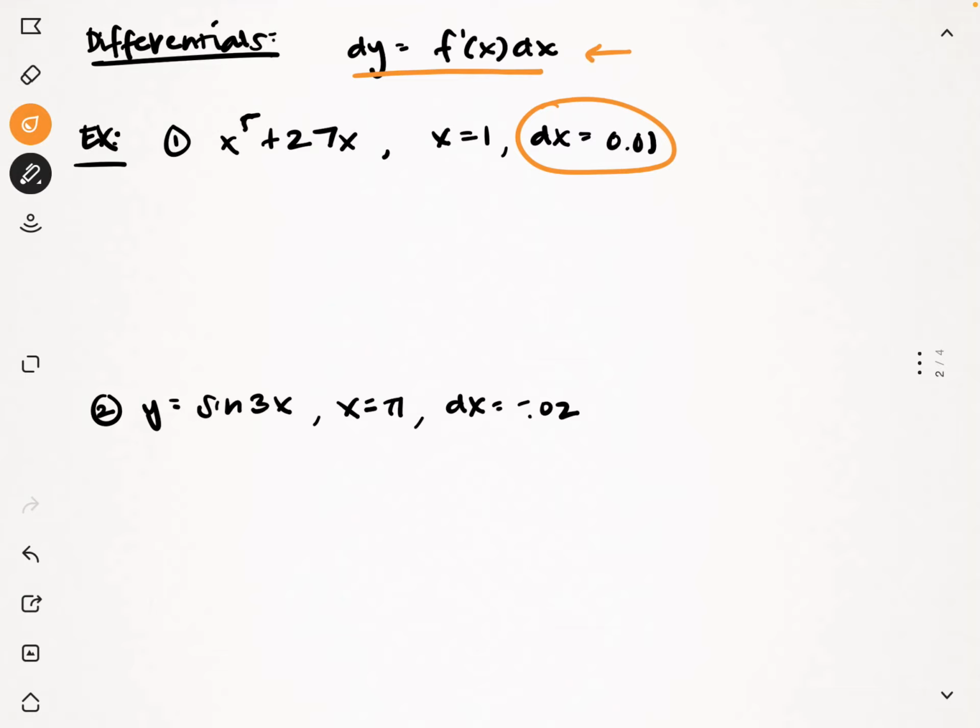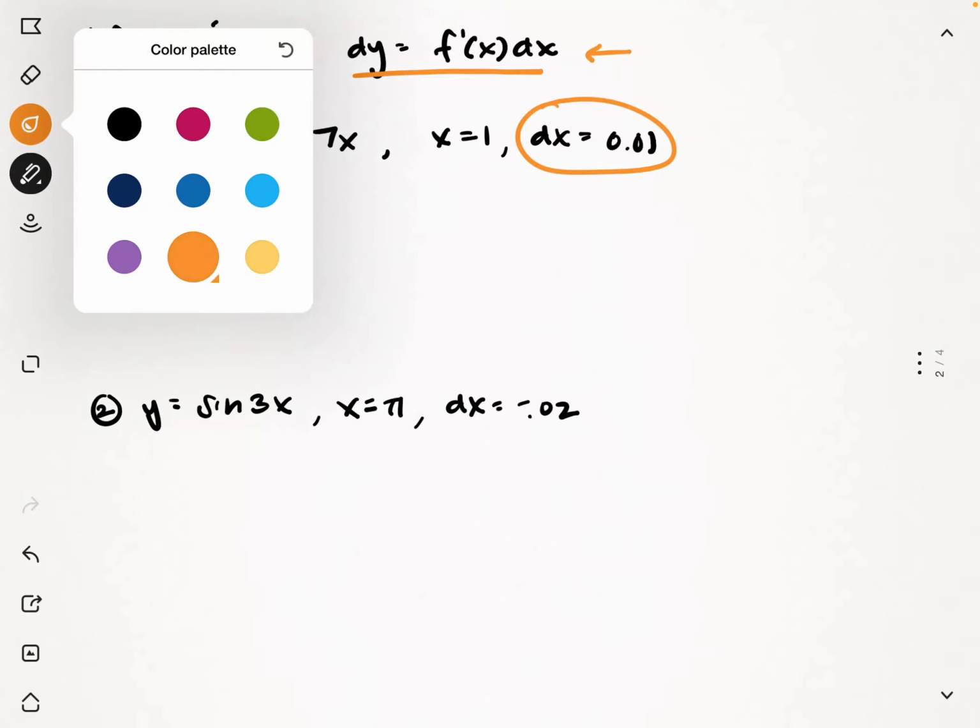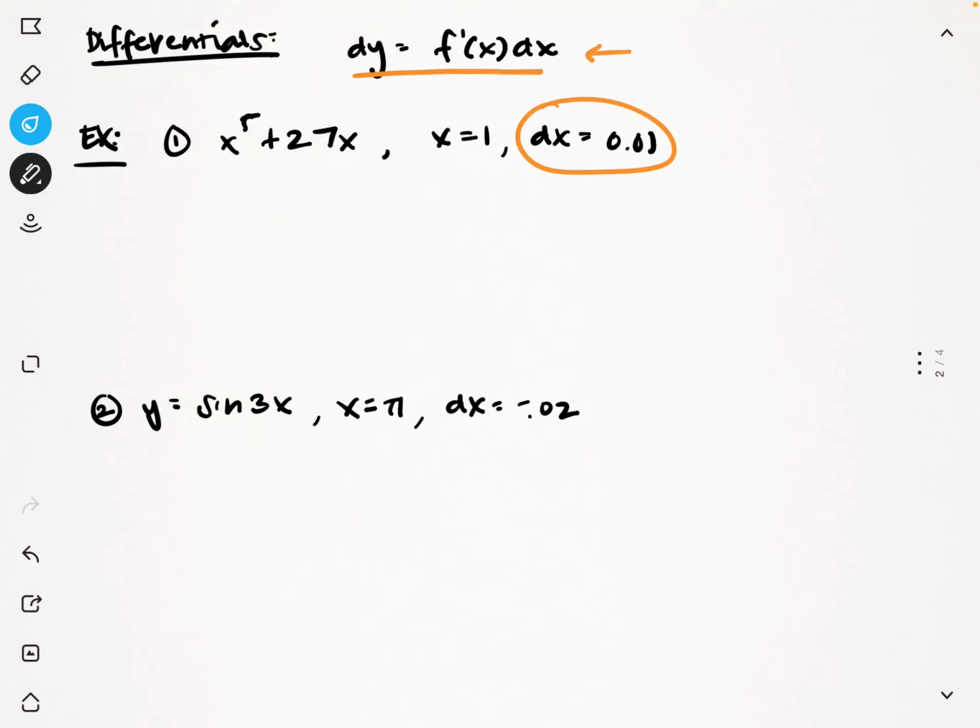So let's change colors here. Let's do blue. Okay, so we're going to go ahead and find the derivative. It's going to look like 5x to the fourth plus 27, right? And whenever we do this in differential form, we add on the dx at the end of our differentiation.